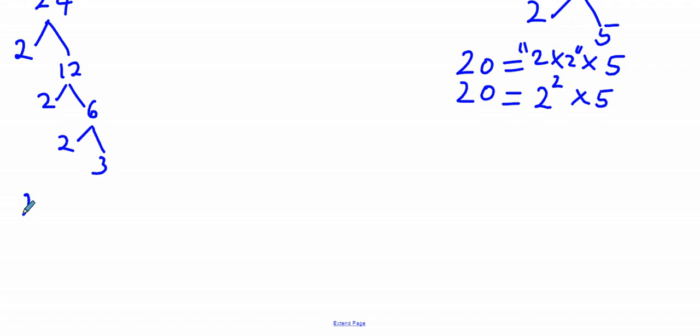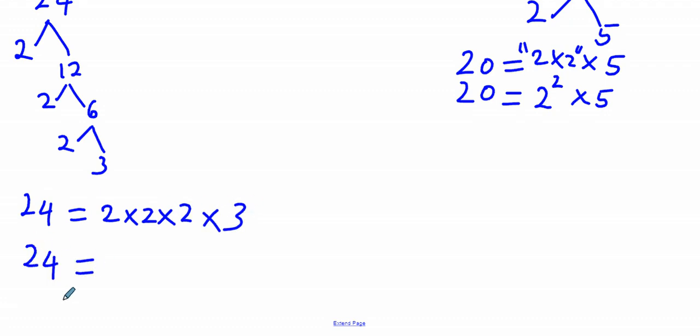So 24 in short will be, how many 2's are here? 2 times 2 times 2, times 3. That in power form will be, how many 2's are here? We have three 2's. So this will be 2 to the power 3 times 3, because there is one 3 over here. So this will be 2 power 3 times 3.